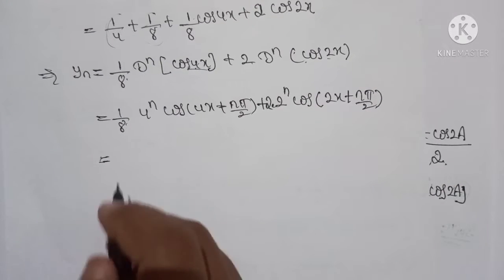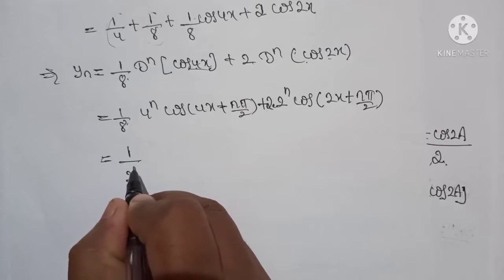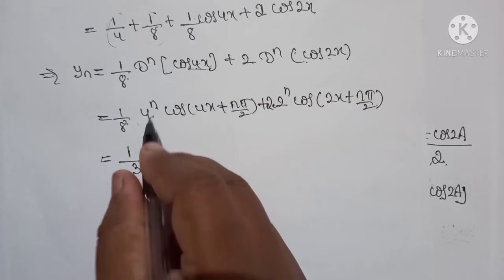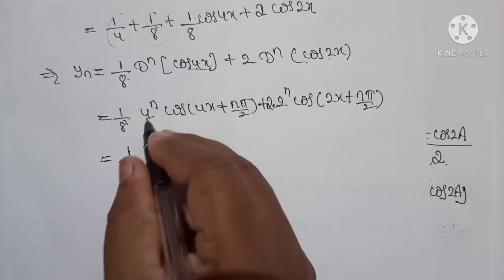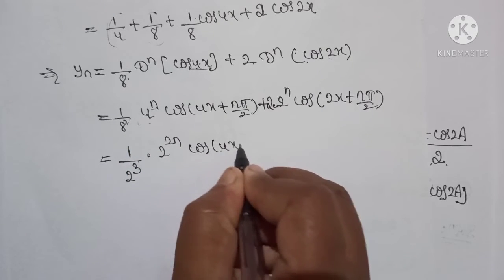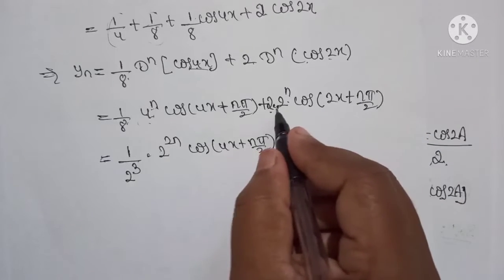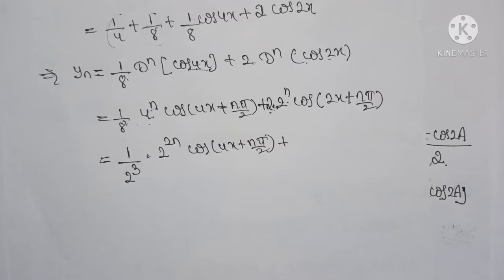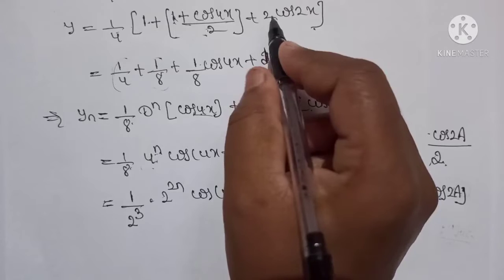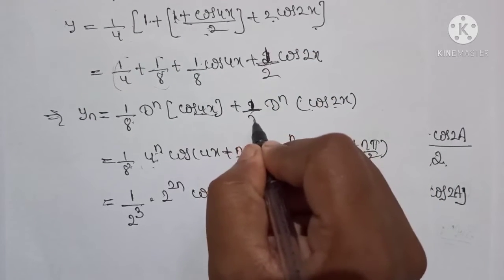This can be further written: 1 by 8 can be represented as 2 raised to minus 3, and 4 can be written as 2 squared whole power n, which gives 2 power 2n cos of 4x plus n pi by 2. Here, this is not 2, it is 1 by 2, because 2 into 1 by 4 equals 1 by 2.